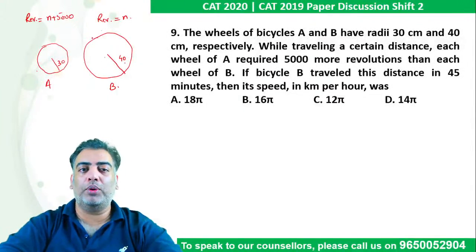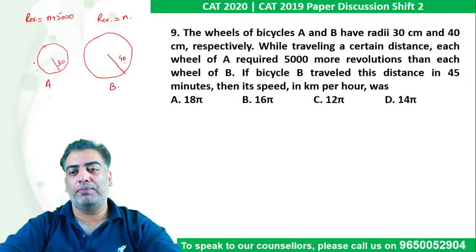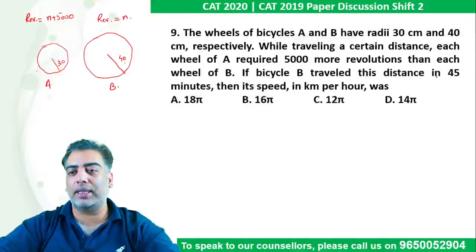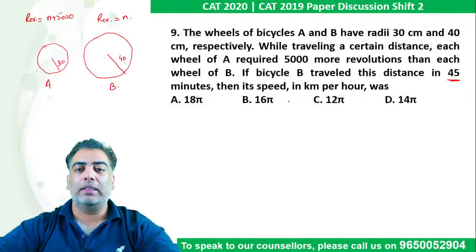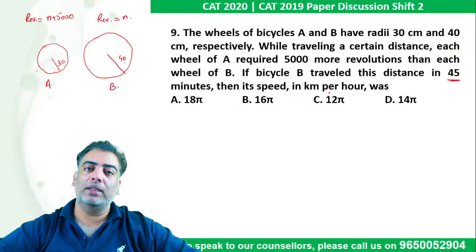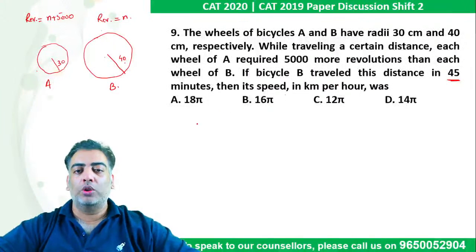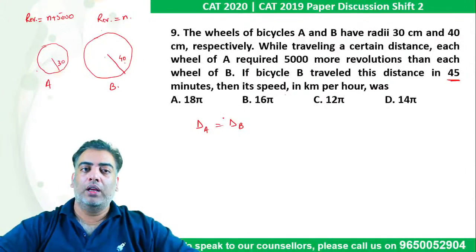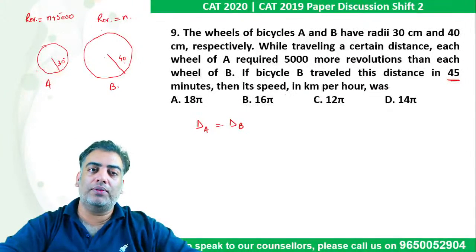Distance covered by both of them is same. If B traveled this distance in 45 minutes, then its speed in kilometer per hour was. The only thing required here is the distance covered. So distance covered by A equals distance covered by B. So in one revolution, A will cover 2 pi r, where r is 30.